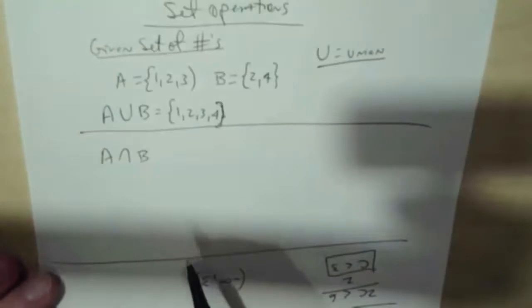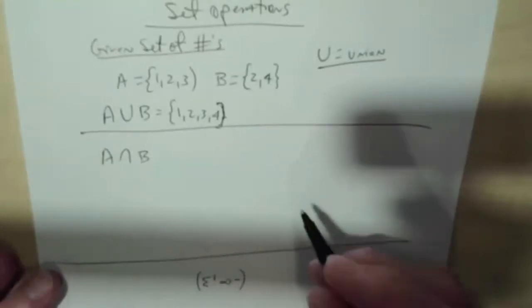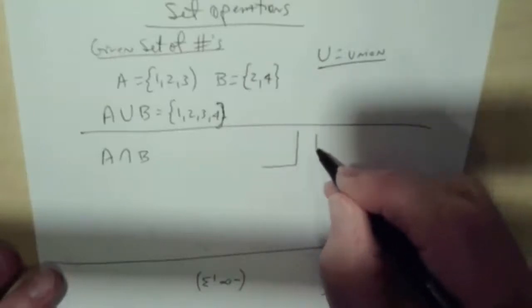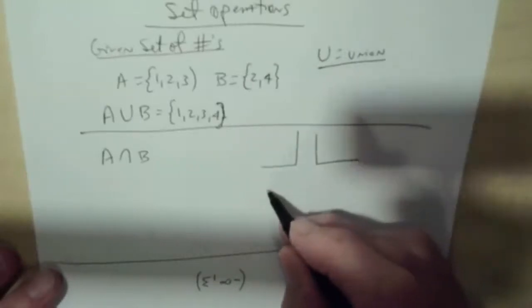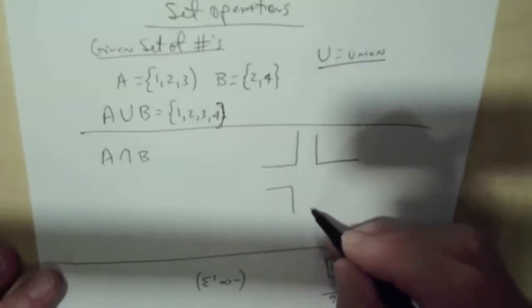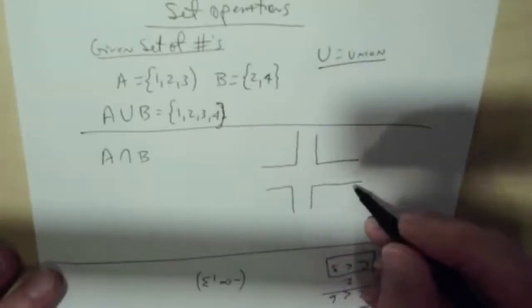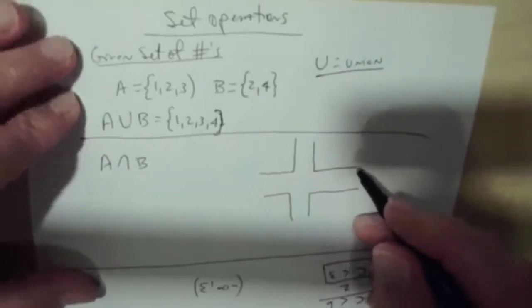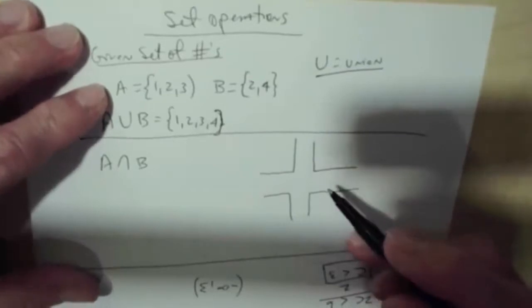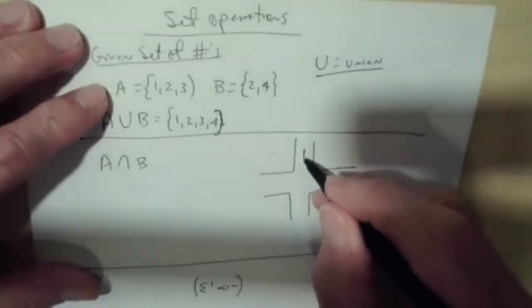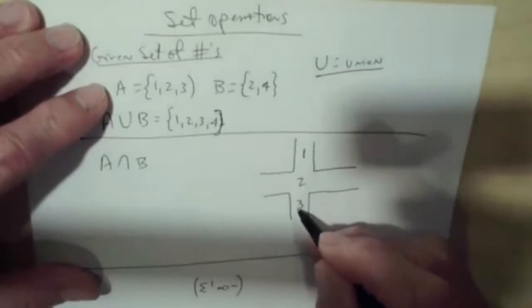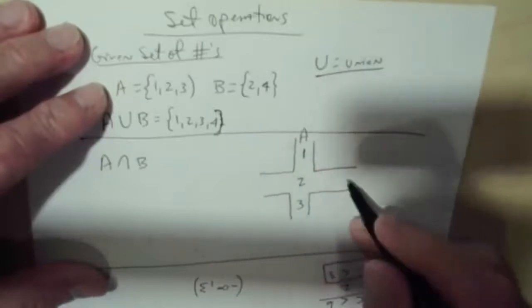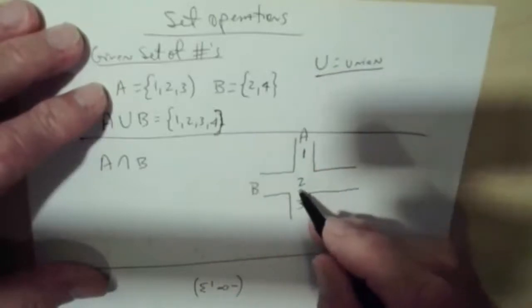Just imagine we've got two streets. Street A is 1, 2, and 3, and street B is 2 and 4.